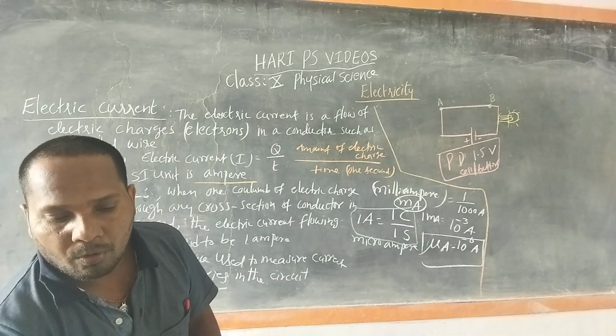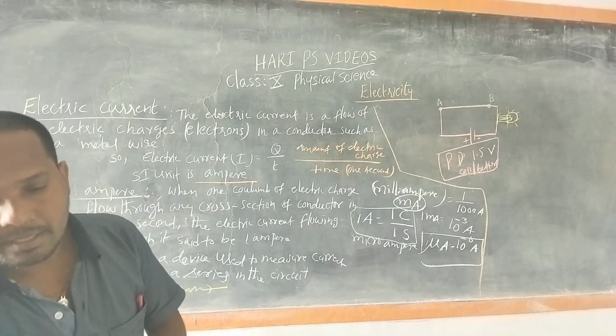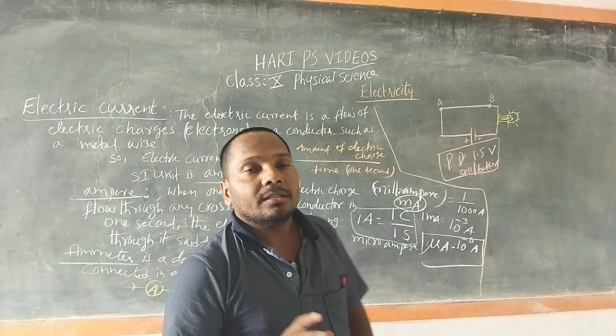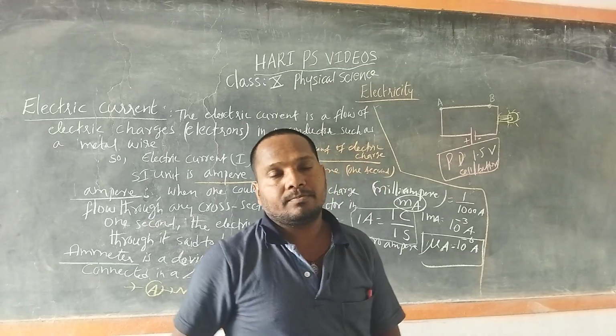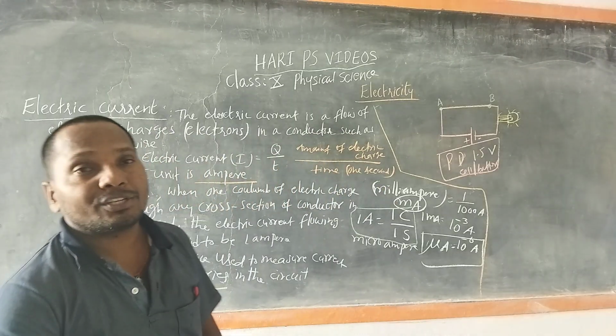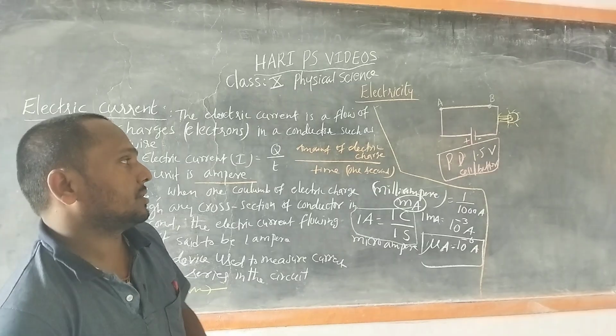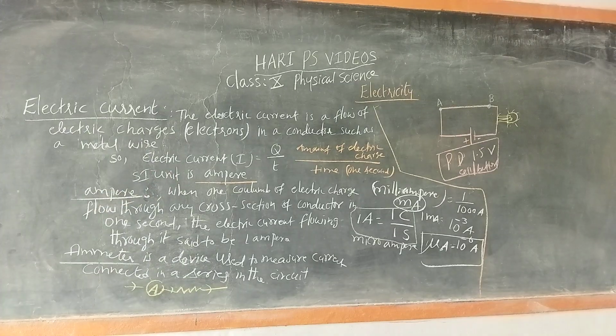Okay. Now, in which direction does the current flow? What is the direction of electric current? As we discussed, to make the electric current flow continuously, a potential difference between the two ends of the conductor is a must.